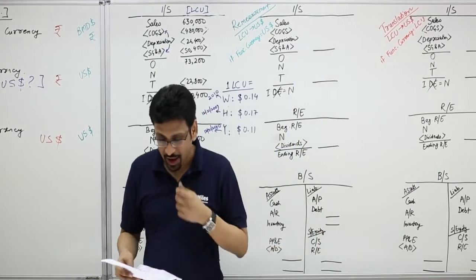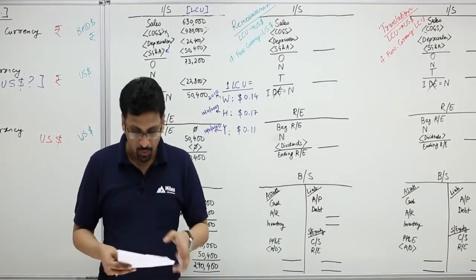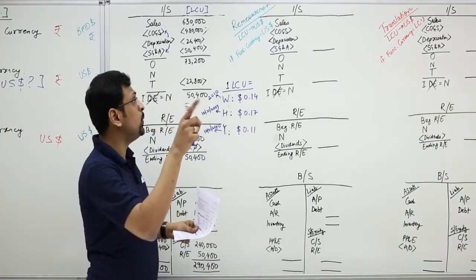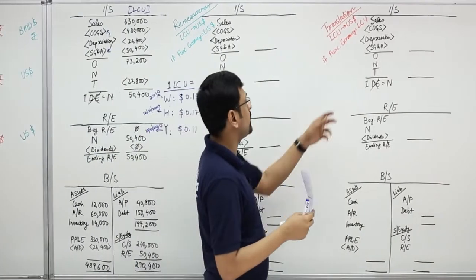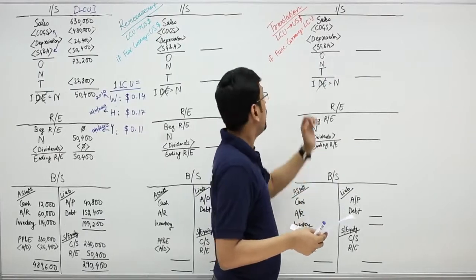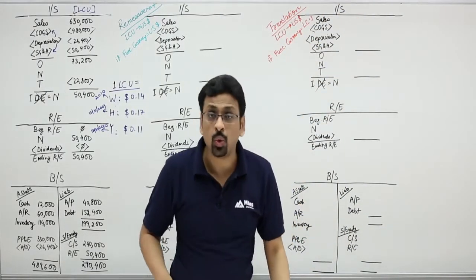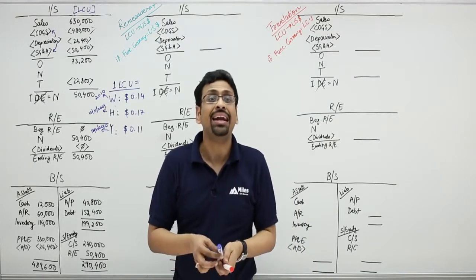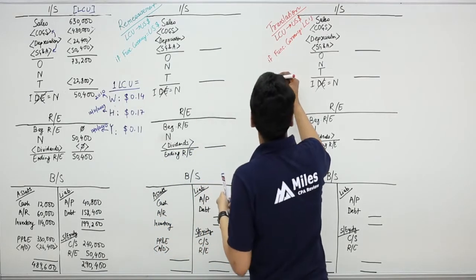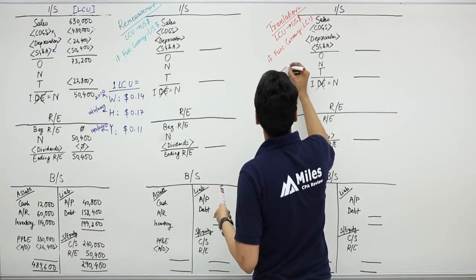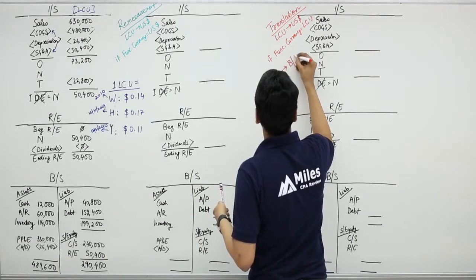And as I said, first we'll do translation. When we start with translation, we first look at the income statement, then we go to the balance sheet. So guys, remember, whenever we are doing translation, our direction of movement is from the income statement to the balance sheet.